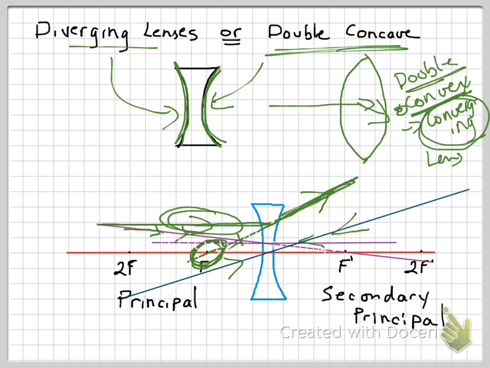And then the third one, which we don't necessarily have to use, but it is present, goes through the optical center. Because it goes through the optical center, it does not refract at all, and so the refracted ray comes right back on the incident ray, very much like the converging lens.